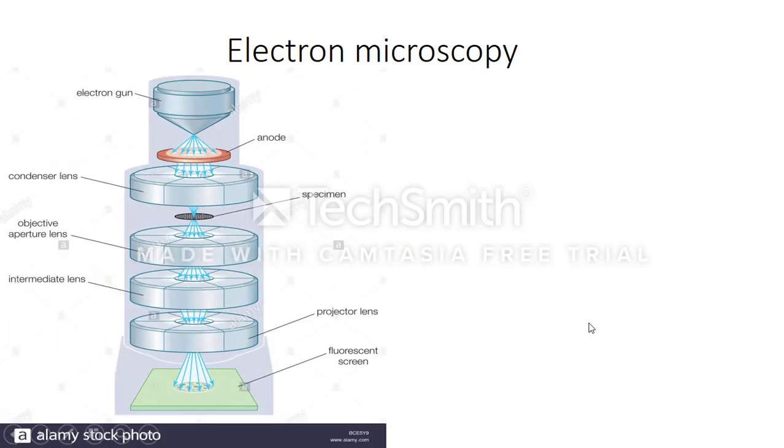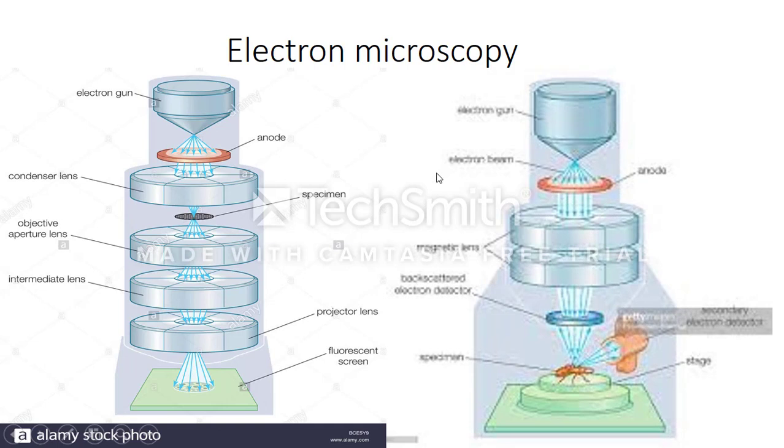Now moving on here to last but not least, electron microscopy. So we have here TEM microscopy and SEM microscopy. They both use an electron gun here as shown, and there's an anode here as well.